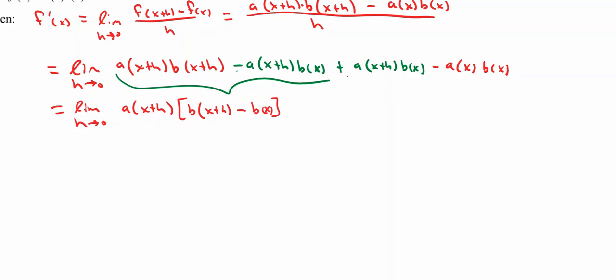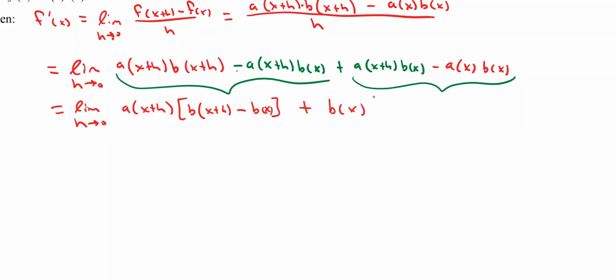All right, so that was that first part. Now moving on to the next one. So now we'll look at this chunk in green. Okay. All right, so then we're going to have plus, and then what do we have in common on this one? Well, we have b of x in common.